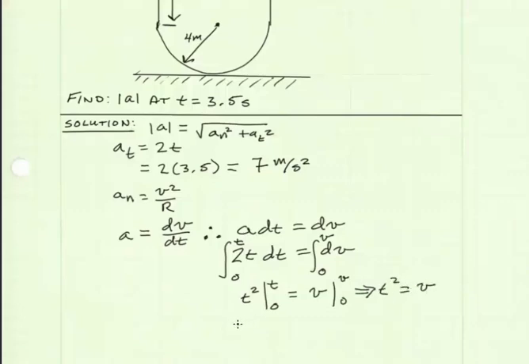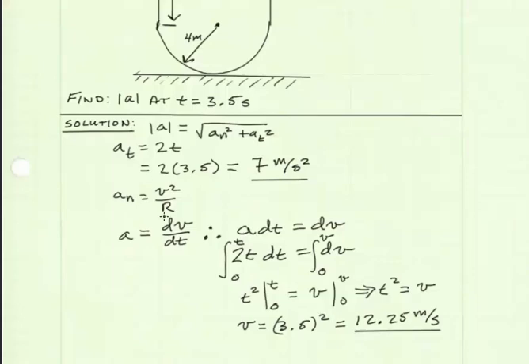In this case, our velocity then becomes 3.5 squared, which is equal to 12.25 meters per second. So there's our velocity and our tangential acceleration.